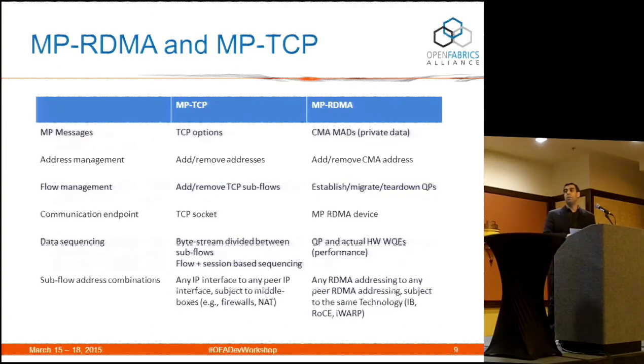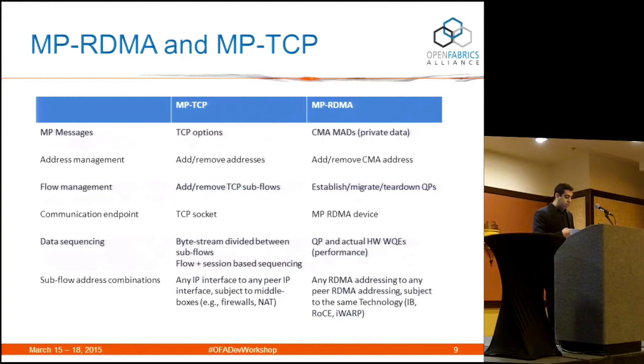all the subflows. But there is a big difference: MP-TCP uses the socket as the endpoint and the byte stream as the data sequences. And again, we are RDMA. Our main goal is performance. So we are bound to use the MP-RDMA device, and the QP is the way of doing the data itself.